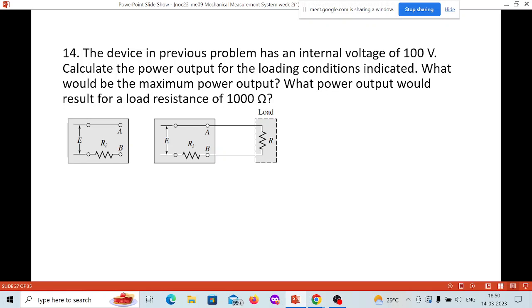And we have been asked what can be the maximum power output, the maximum power which can be transmitted to the load, that has to be calculated, and what power output would result for a load resistance of 1000 ohms. So the question is in 3 parts.